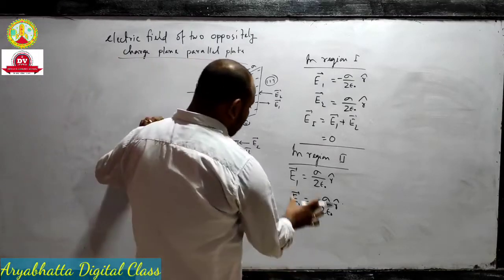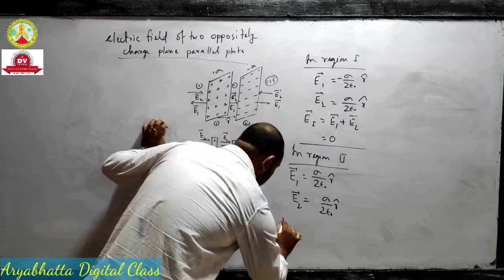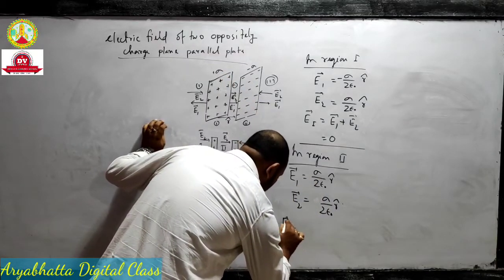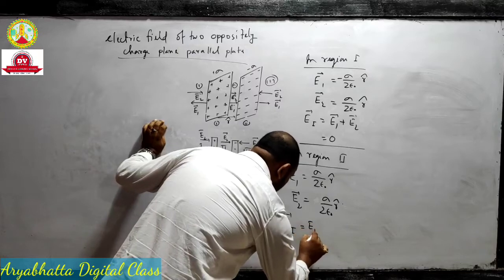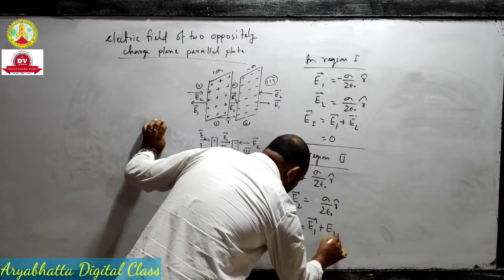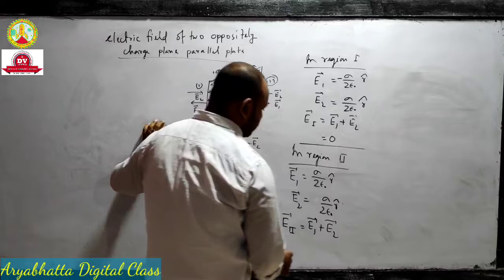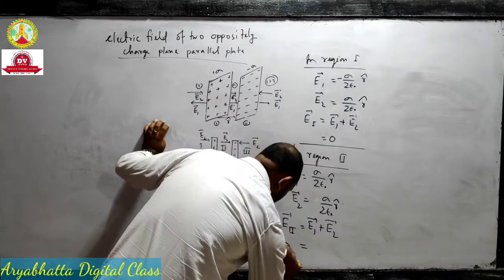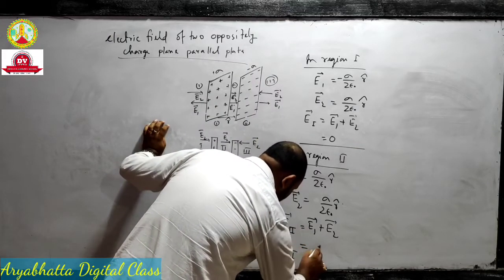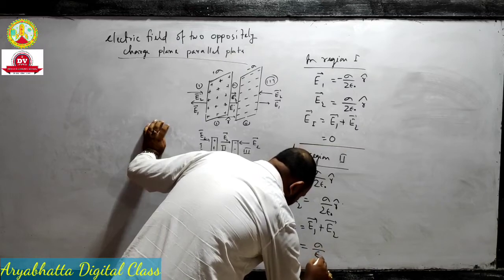So the total electric field in region 2 is equal to E1 plus E2, which will be equal to sigma by epsilon naught r cap.